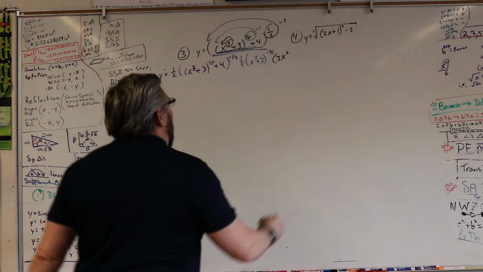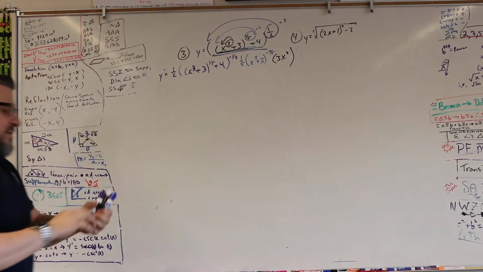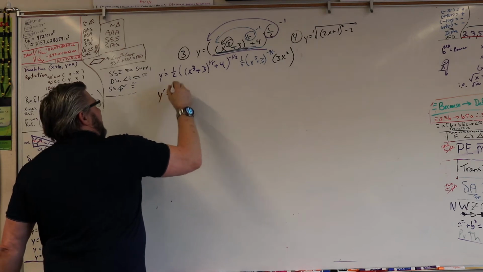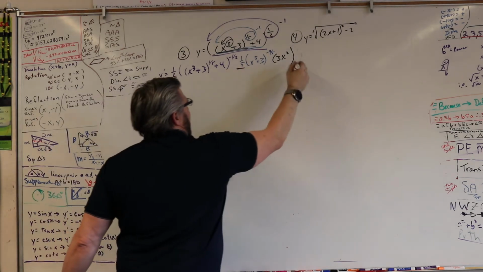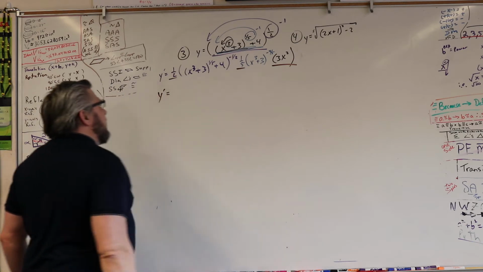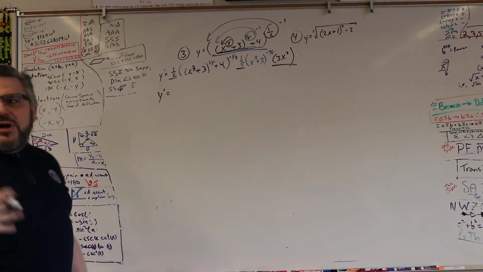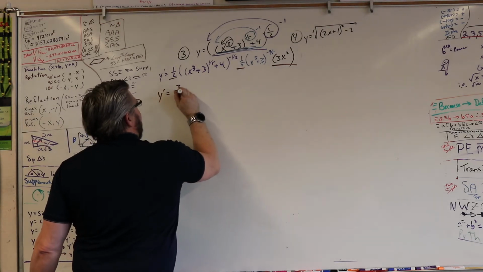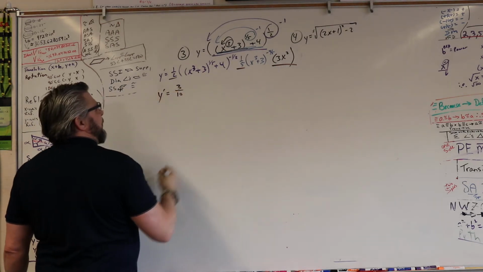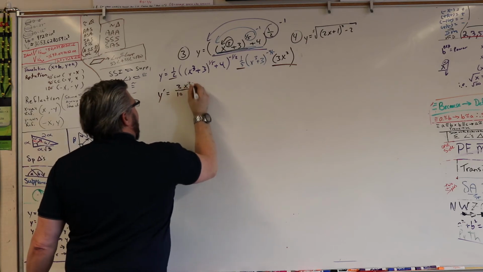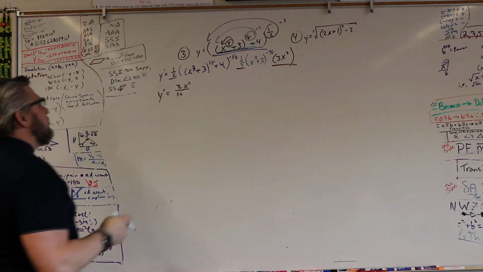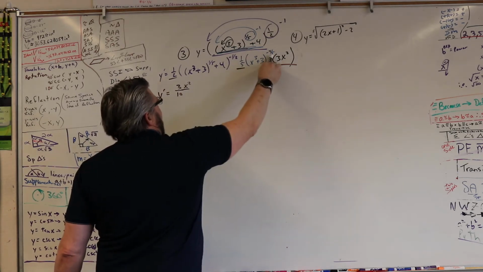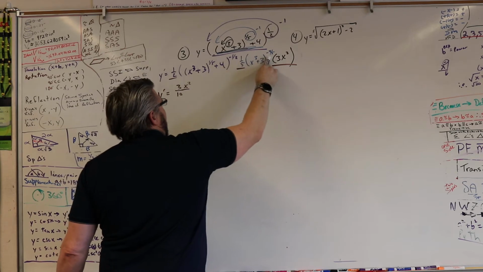All right. So now we gotta put some stuff together. So what do we put together? We're gonna put this together, and this together, right? So we got 1/2 times 1/5 times 3. So that would be 3/10, right? And then x squared, so 3x squared over 10 times, now which one's bigger? This guy or this guy? 4/5.